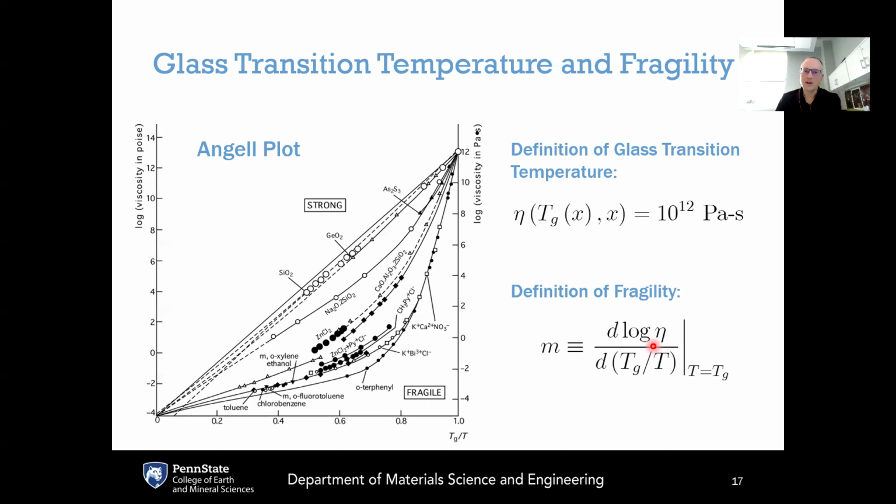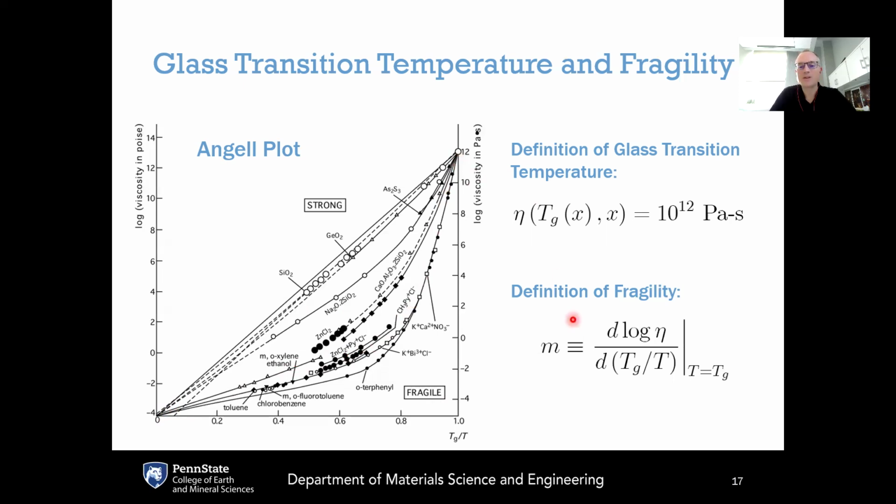And the reason that we can get away with this is because of these common points. The common point of the glass transition temperature and the common point in the limit of infinite temperature, which means these 2 points at either side are fixed. And so if you were to increase the curvature, that increase in curvature must correspond to a shallower slope at the high temperature end and a correspondingly steeper slope as you approach the glass transition temperature.